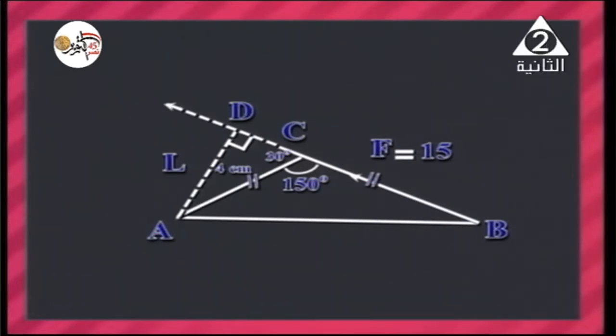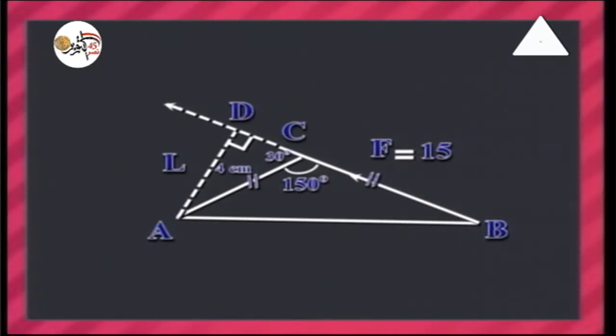Moment is L times F. What is the L, my dear student? Excellent student. L is the perpendicular AD equals AC sine 30. We know that the side opposite angle 30 equals half the length of the hypotenuse.